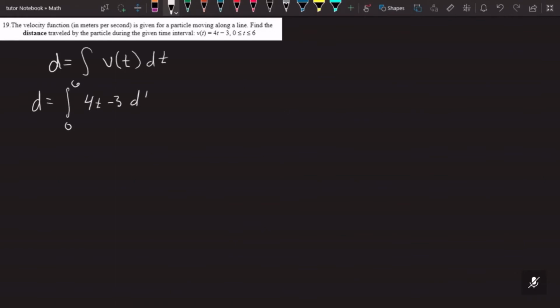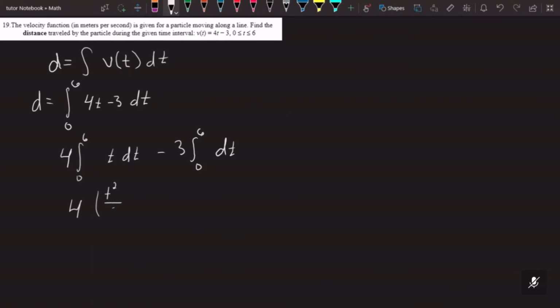So we end up with the integral from 0 to 6 of 4t minus 3, which is our velocity function. So again, we can break this up into two separate integrals. So we have one integral that is 4t and another one that is 3. And again, we can take our coefficients out of the integrals to make it easier to solve.